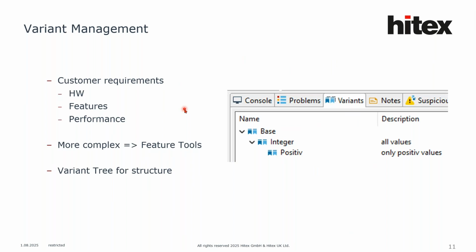So the combination is really amazing. We have that, for example, in consumer electronics and automotive. Because of that, we have feature tools on the market. That means you have the features, and these tools will provide the configuration. Very simple, summarized.